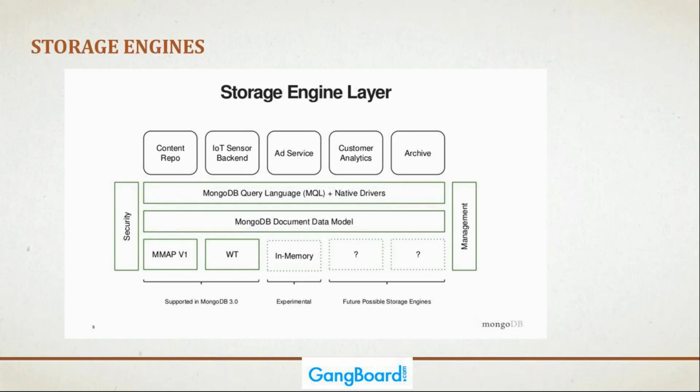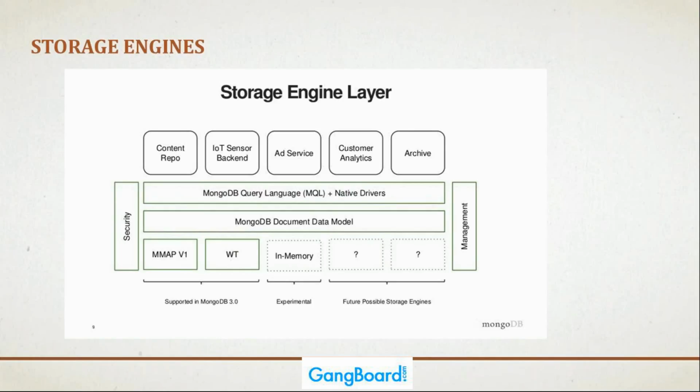To solve those kinds of use cases, MongoDB came up with in-memory storage engines, available from 3.2 onwards. In future, they may come up with new storage engines to solve new use cases. I guess in 3.2 we also have another storage engine, called the encrypted storage engine.